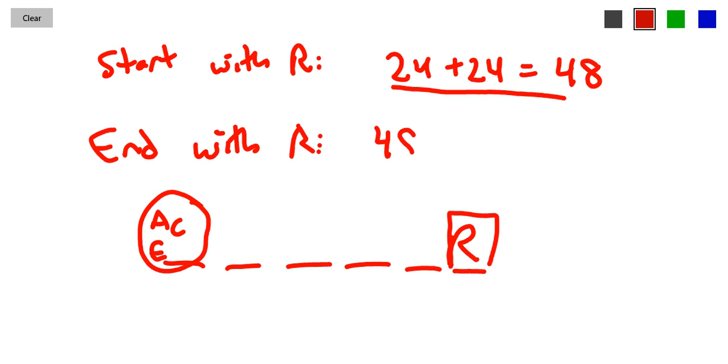So there are 48 ways of ending with an R without starting with an R. So therefore 48 plus 48 gives a total of 96 possible rearrangements of the word career that start with an R or end with an R, but don't do both.